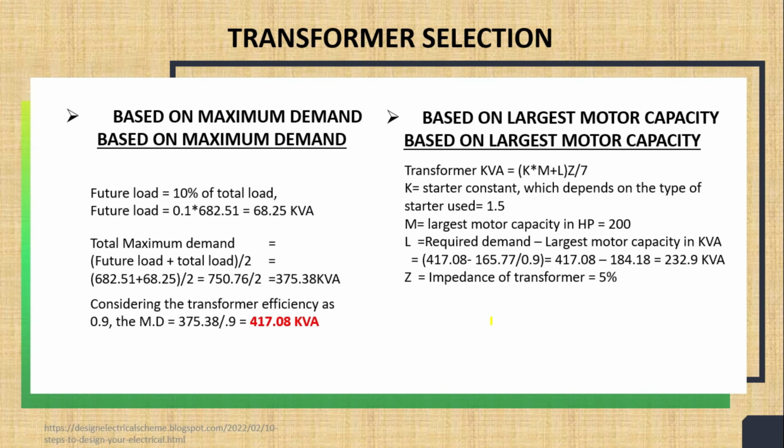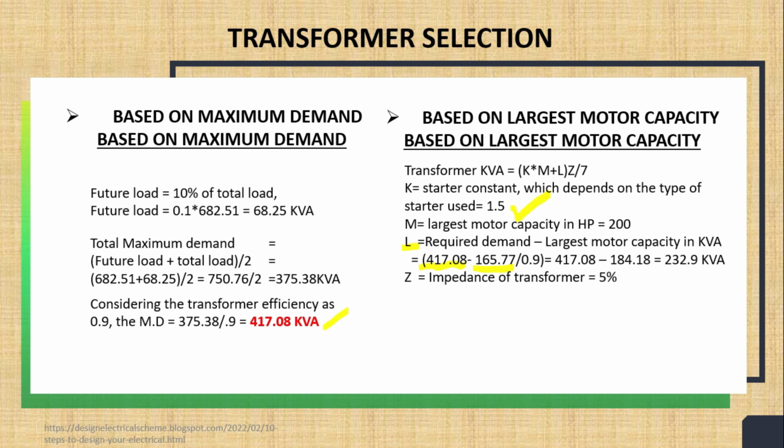Now we have to find out the term L, which is the base load. The equation is required demand minus largest motor capacity in kVA. We already found out the required demand in our previous method, which is 417.08 kVA. And we already found out the largest motor capacity in kVA in the previous chart.